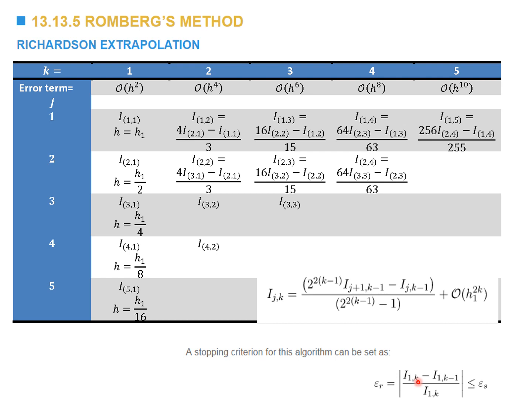Usually we decide on stopping when the terms I sub 1k and I sub 1k minus 1 are very close to each other, or the relative error is less than a particular stopping criterion.